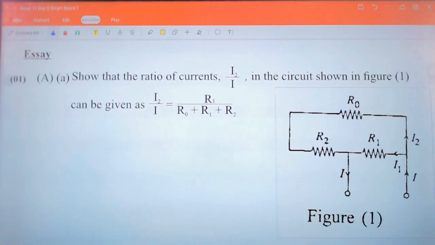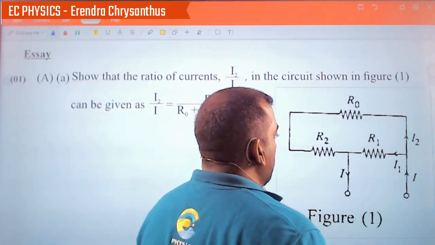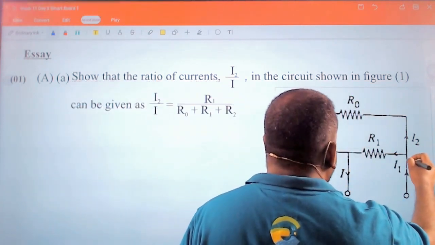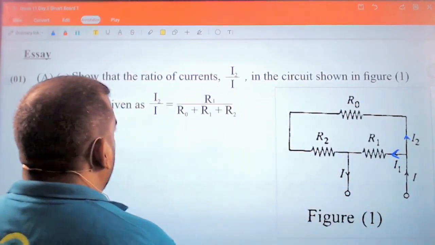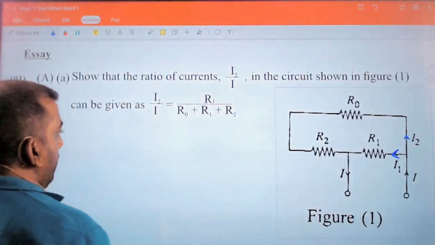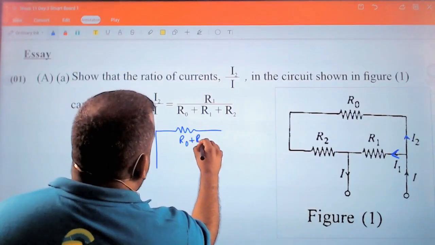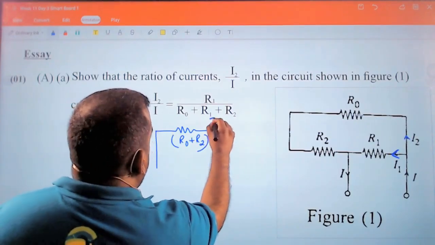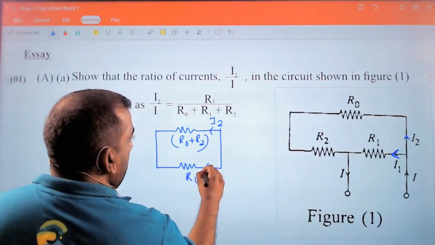Essay question. Look at the board. So that the current I2 over I is given by this relationship. So what we'll do is basic work. I1 is here. I2 is there. Look at this. So if I redraw this, R0 plus R2, current is I2, R1 here, current is I1.